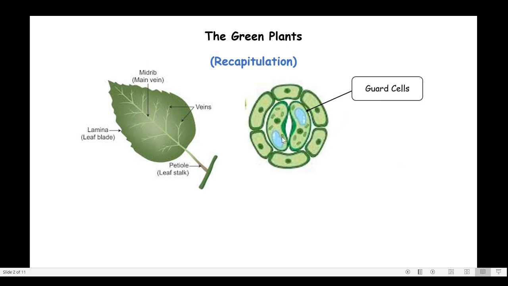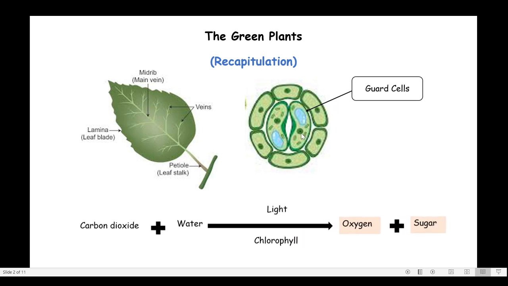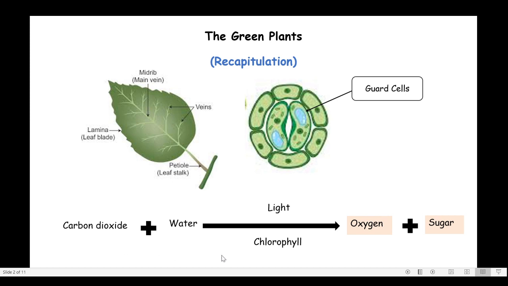The new concept was that the stomata have two guard cells which open and close during the exchange of gases. And this was the process of photosynthesis: in the presence of sunlight and chlorophyll, when carbon dioxide and water are put together, we get oxygen and sugar.